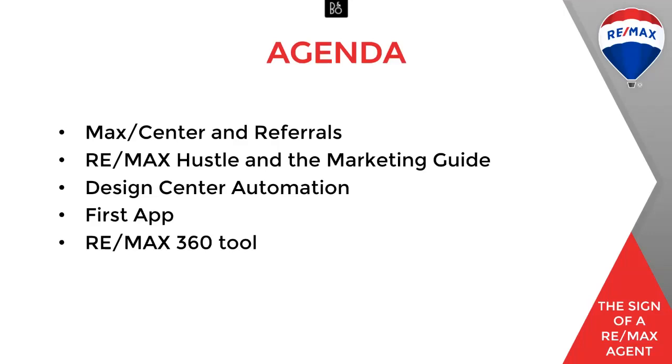One's called the First app, which is a way in which you can identify who in your sphere of influence is likely to sell this year, and also the Remax 360 marketing tool, which is an opportunity for you to show your homes completely virtually with 3D tours, home models, and floor plans.